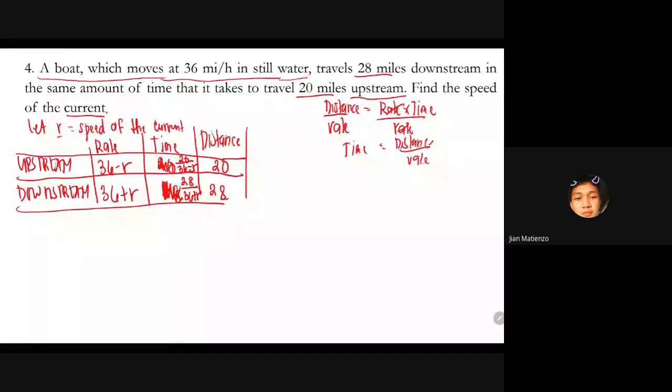Kapag ang bahay mo ay nasa Kanyogan at papasok ka ng Rizal High School, nagbabago ba ang distance niyan kapag ikaw ay pauwi na? Papunta kang school, tapos pabalik ka ngayon ng bahay mo, nagbabago ba yung distance na tinatahak mo o naglalakad ka lang? Hindi.